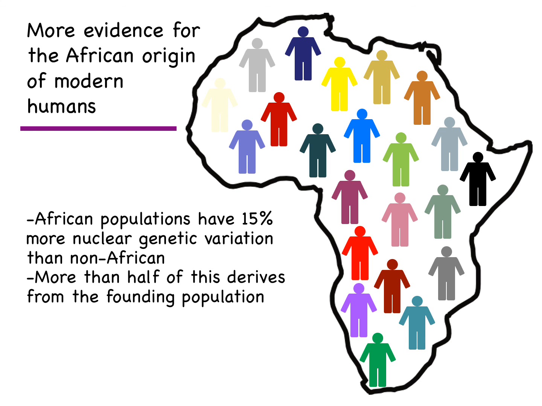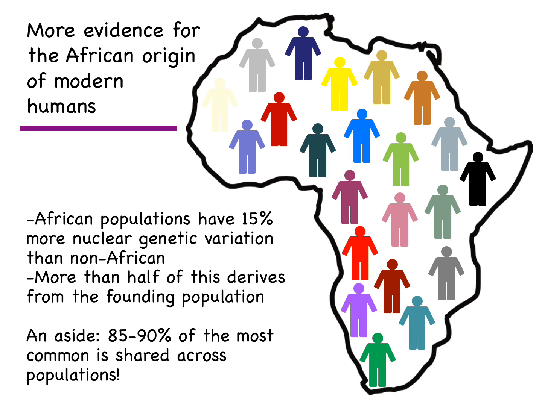More than half of this variation derives from the founding population. In other words, it was all present in Africa before anybody left Africa. And this is not really related to the out of Africa model, but I just wanted to mention that about 85 to 90% of the most common variation is shared across all populations in the world. Okay? The main point here is that there's a lot more variation in Africa than there is out of Africa.